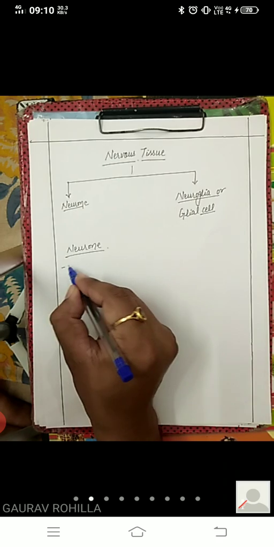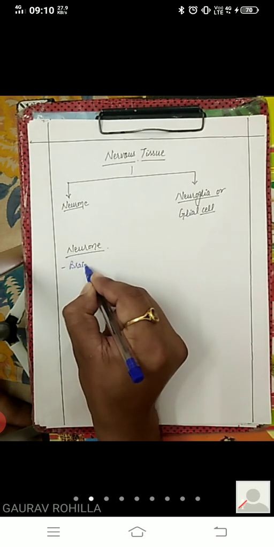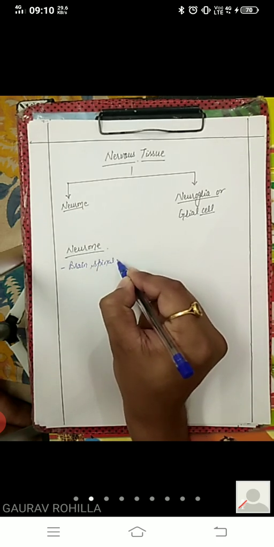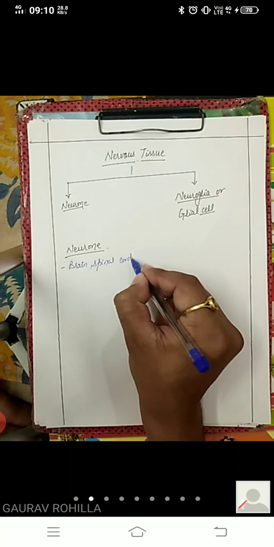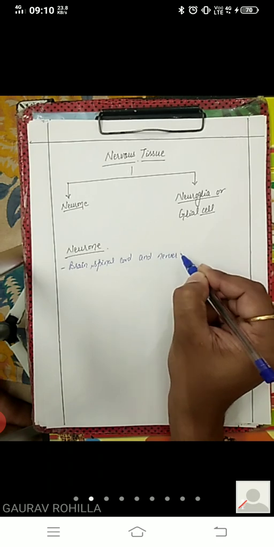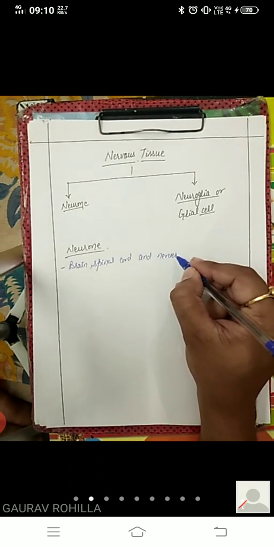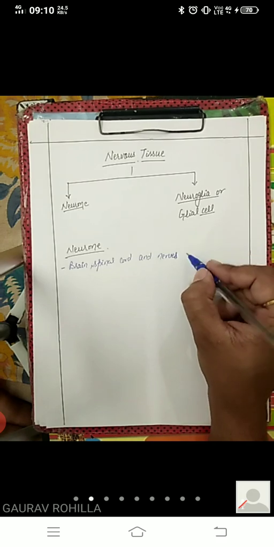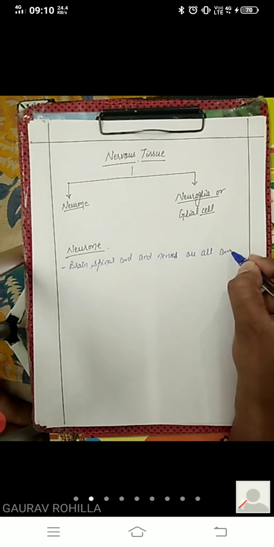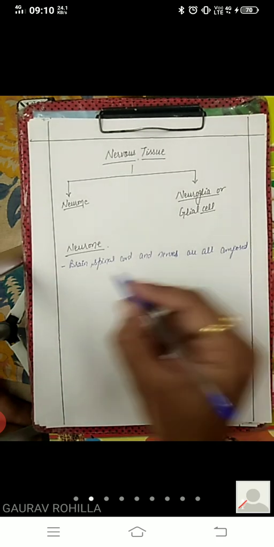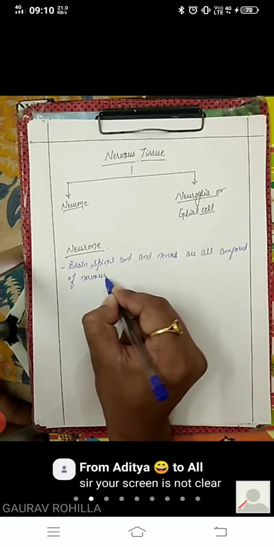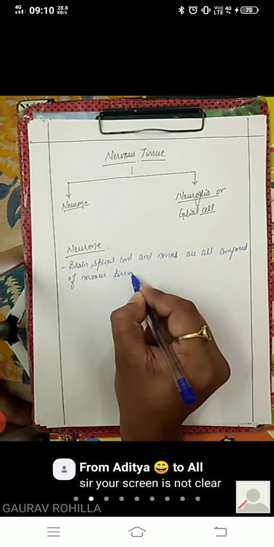The brain, spinal cord, and nerves are all composed of nervous tissues.